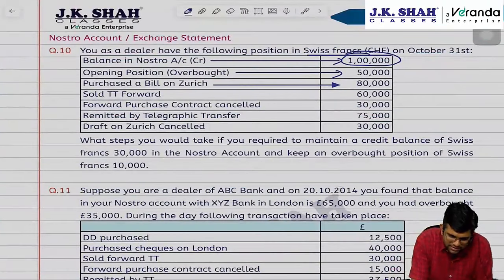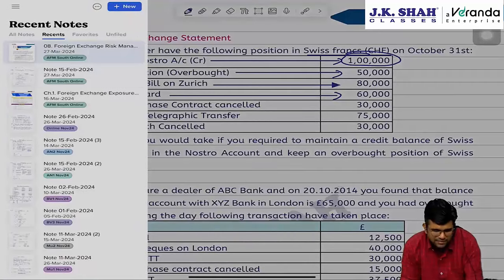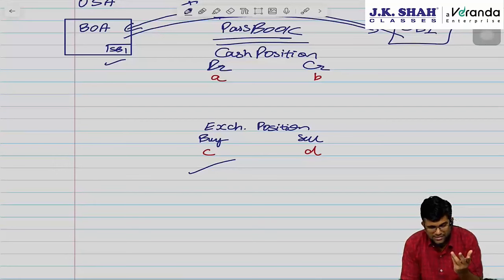Okay, next. TT stands for telegraphic transfer. Ignore it. Just read sold forward. What do you mean sold forward? That means you must have entered into a transaction to sell CHF some months forward. Everybody clear? To sell CHF some months forward. Take your time and tell me A, B, C, D. You entered into a forward sale agreement. Where will you put?